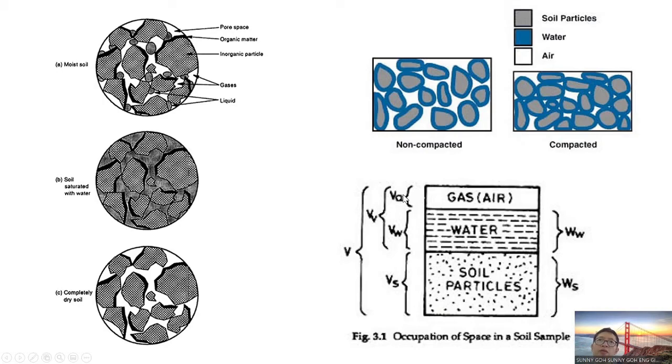So if you sum Va, Vw, and Vs, you will get V, the total. You can see that soil particles constitute a larger volume than the volume constituted by water, and of course the least volume is given by gas.